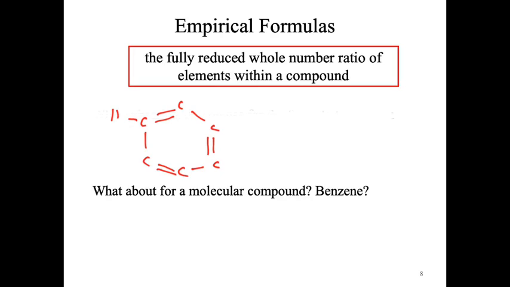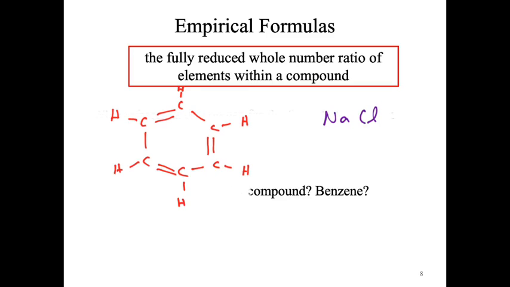And for those of you freaking out and saying, oh my God, I have to be able to draw benzene, no, you do not, because this is not an organic chemistry class. But you should be able to interpret what you see. That is the compound benzene. If I was to draw out the compound of sodium chloride, all I would write would be NaCl.